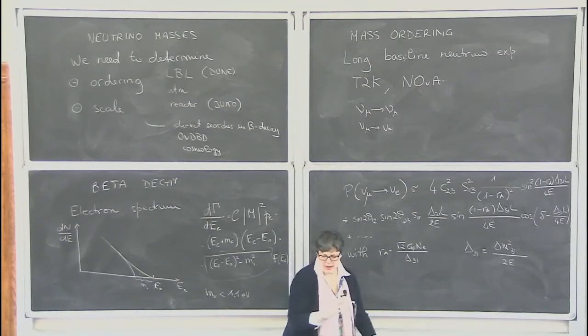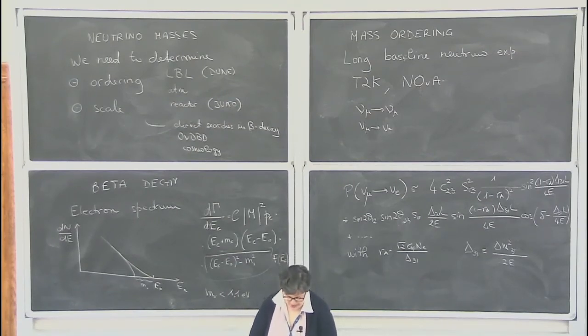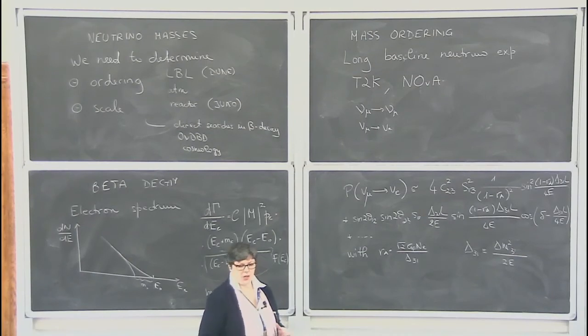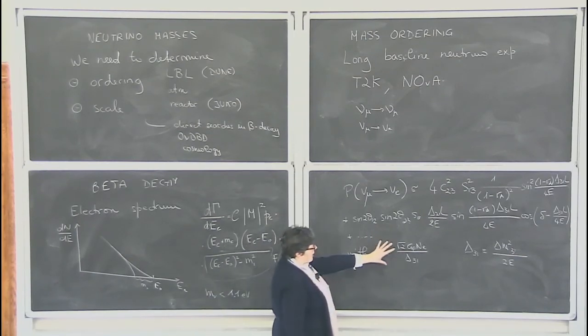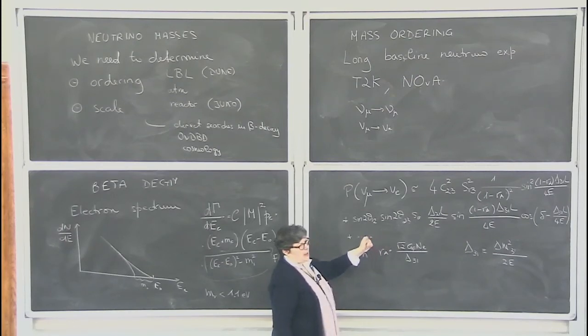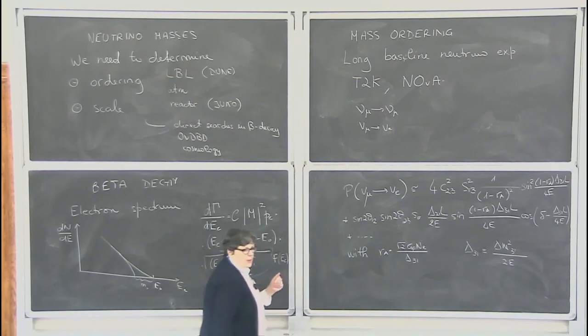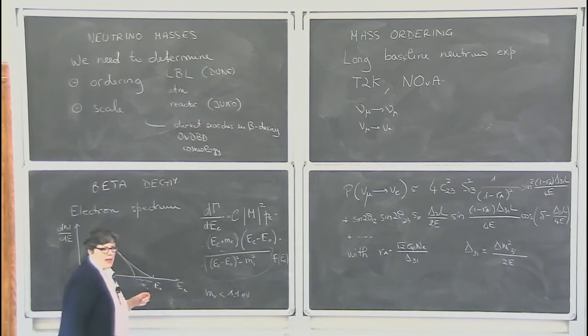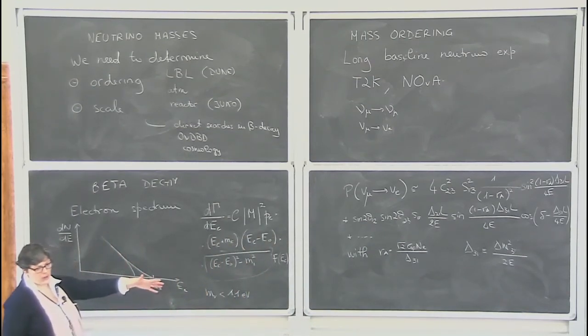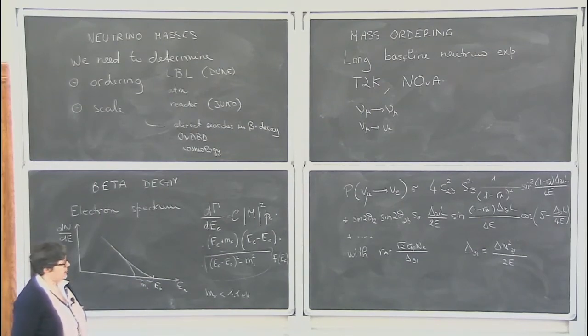For these experiments, usually you don't reach resonance, so A cannot become 1. However, it can be significant. In NOvA, for instance, it is going to be of the order of 20 to 30%, and in DUNE, because the baseline is longer, it is even larger than that.